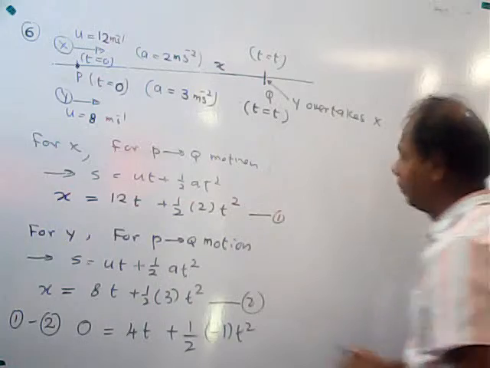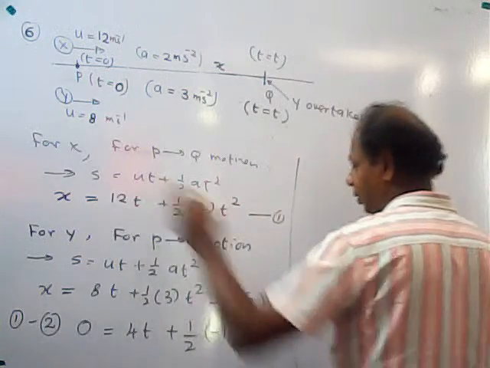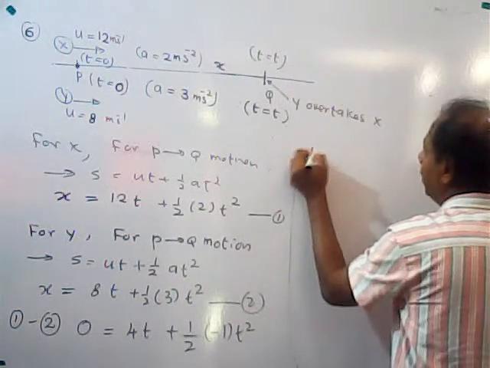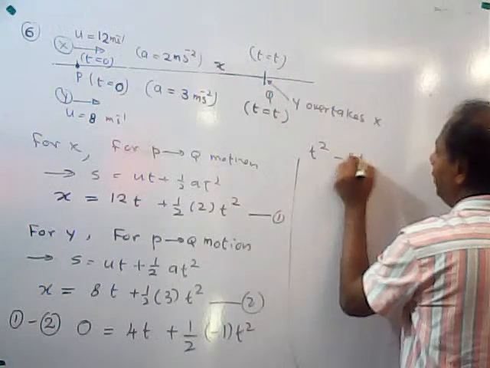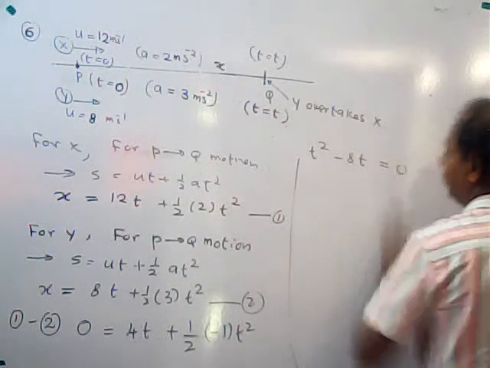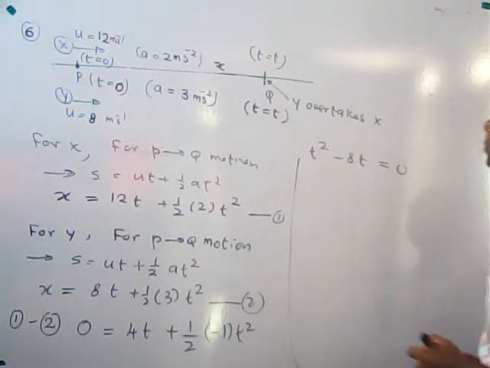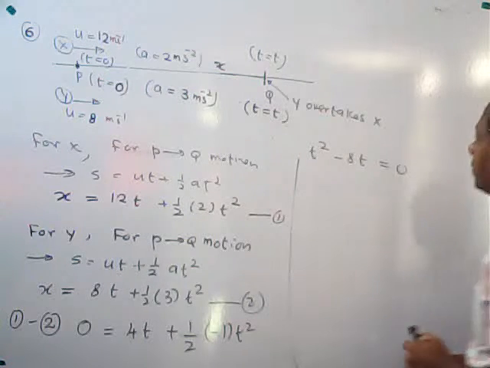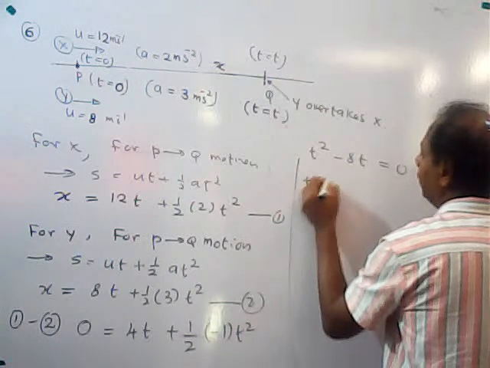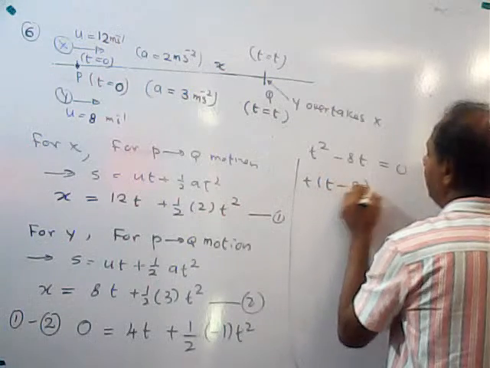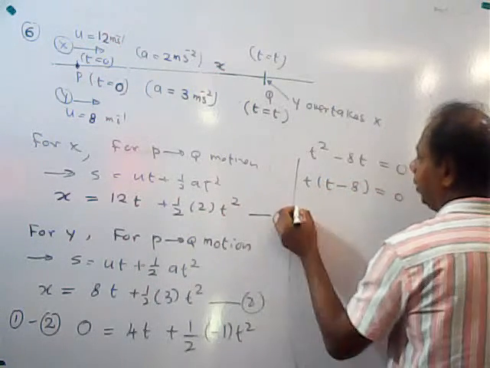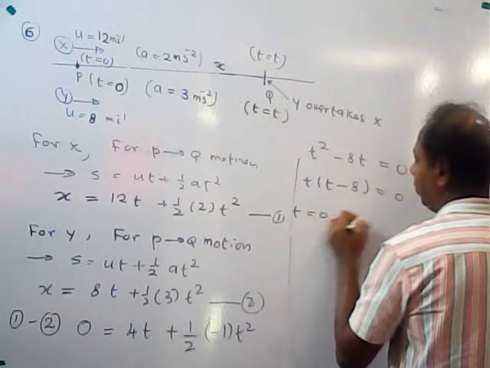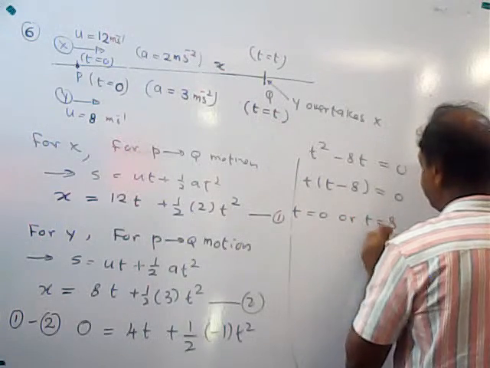It's easy to solve. So you get an equation like t squared minus 8t equals 0. Can take t out. t times (t minus 8) equals 0. t equals 0 or t equals 8.